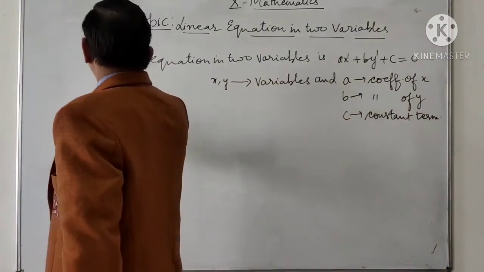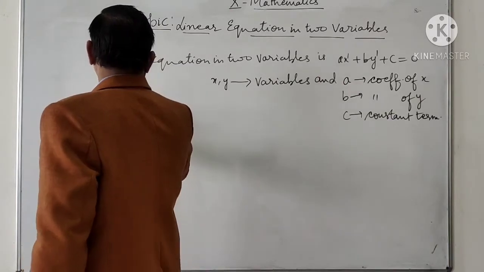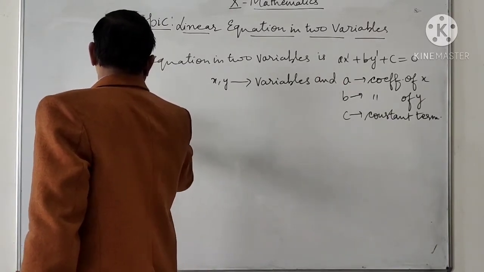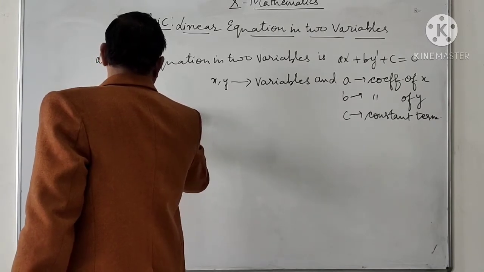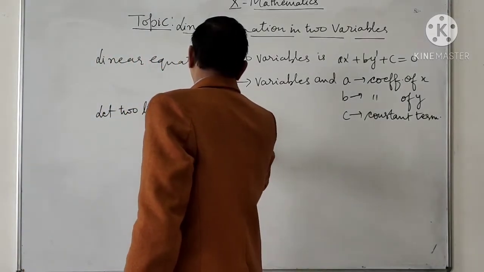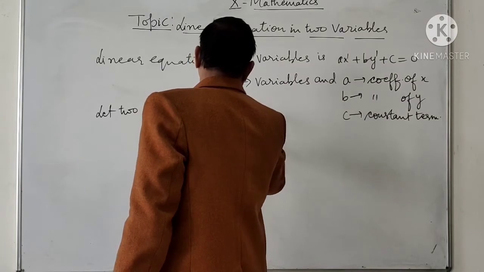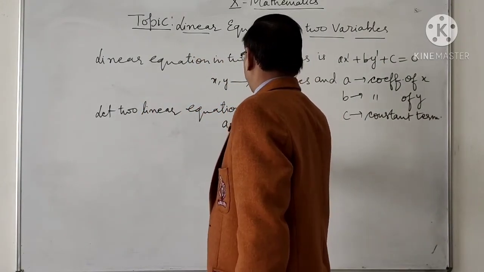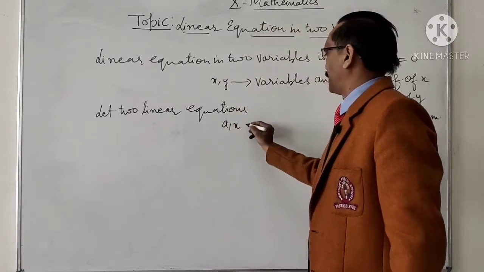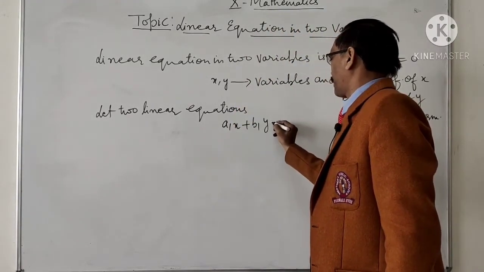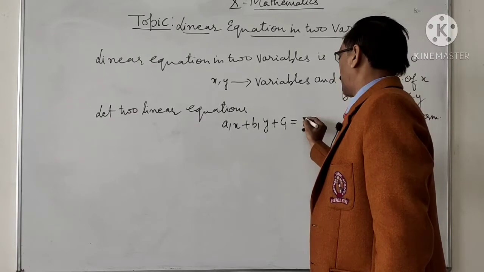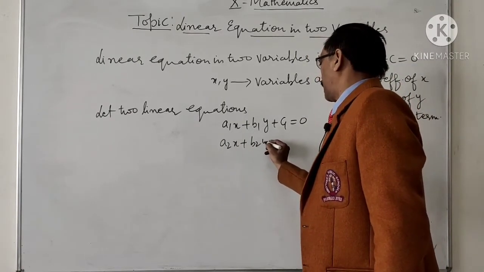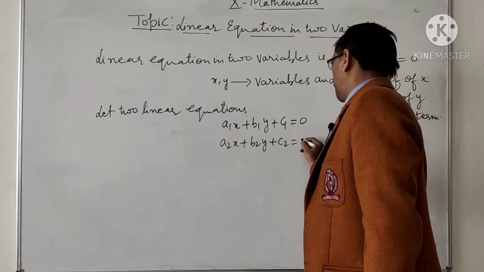Student, there are two linear equations. Let two linear equations in two variables be a1x plus b1y plus c1 equal to 0, and another equation a2x plus b2y plus c2 equal to 0.